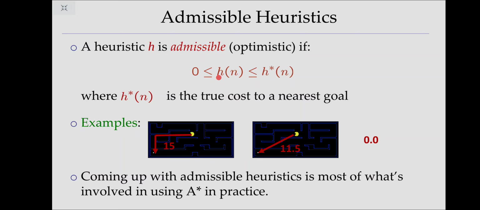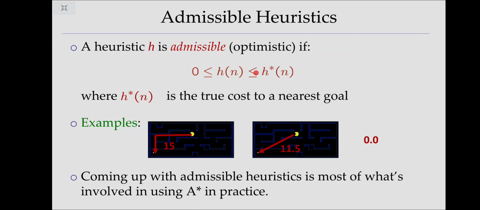But since h(n), the admissible heuristic, should be defined in an optimistic manner, the value of h should be less than the optimal solution.